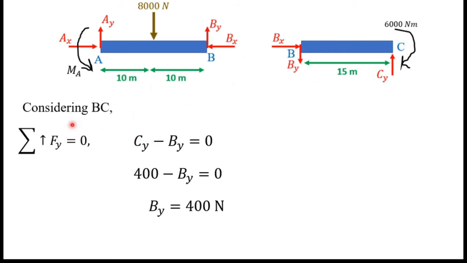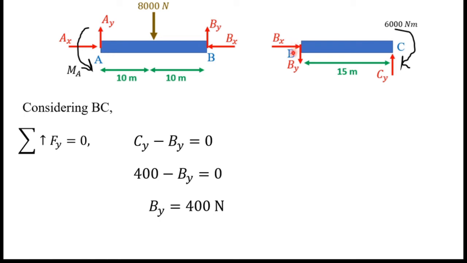There are two vertical forces, BY and CY, and I consider upward direction, therefore I wrote plus CY minus BY because BY is downward. If I substitute 400 for CY, because we found it before, I get BY equals 400 Newton. So now I know CY, BY and BX.